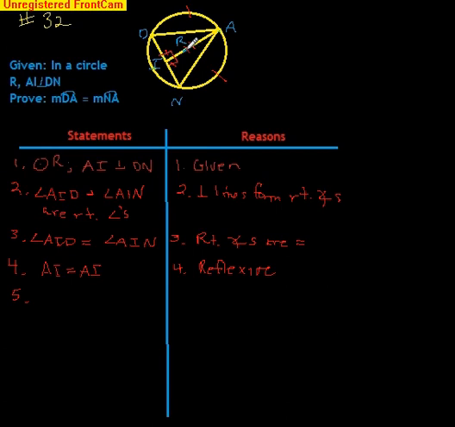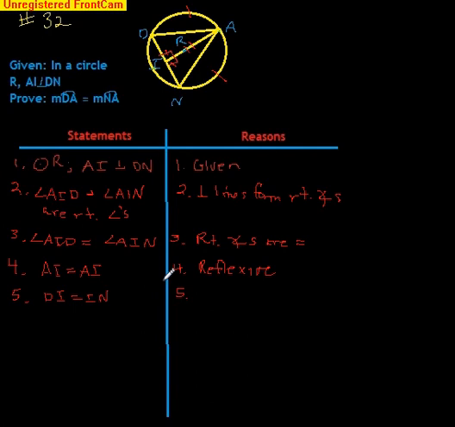We're getting somewhere. We still need to get one more part. We have side, angle, and we're going to try to get these parts right here equal. And I can say that DI is equal to IN. That was from the first lesson.